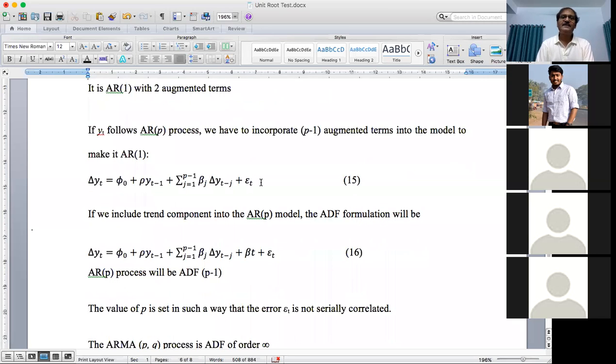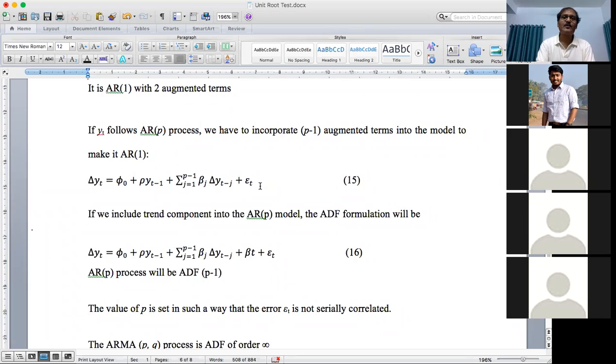We need it simply because the Dickey-Fuller test by default takes care of only AR1. So if we want to apply Dickey-Fuller, we have to change the higher order autoregressive model into AR1. After changing it, we can apply Dickey-Fuller. For changing higher order autoregression into AR1, we need to add some components.